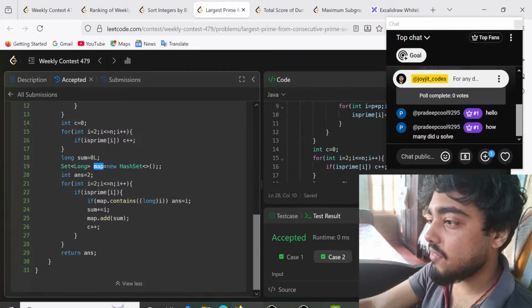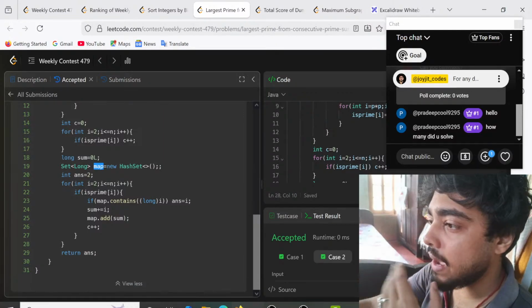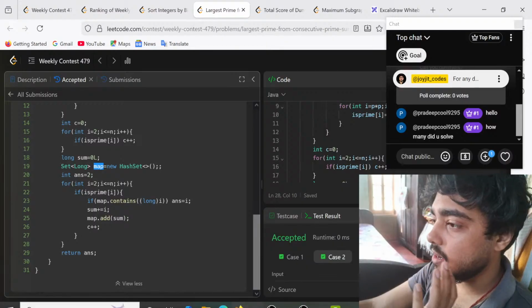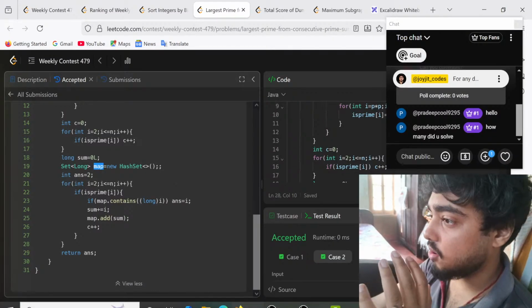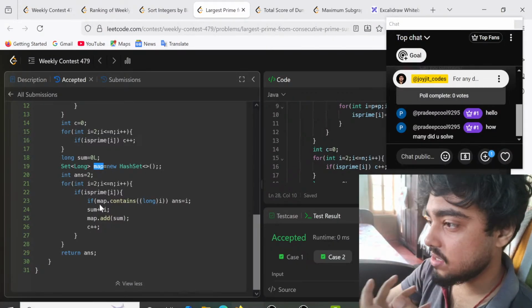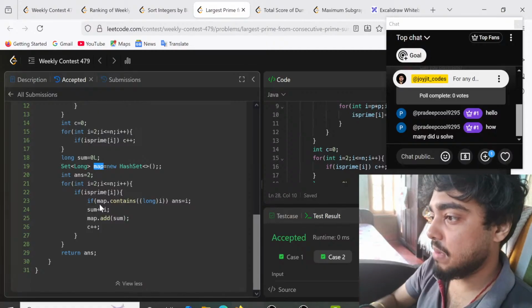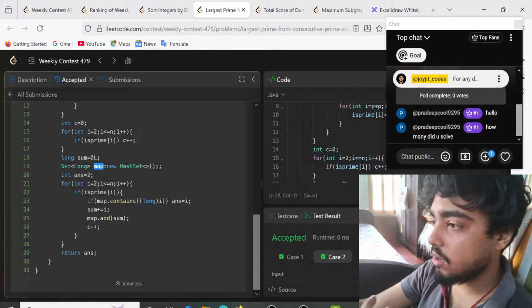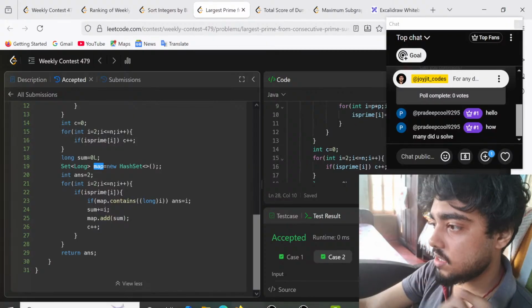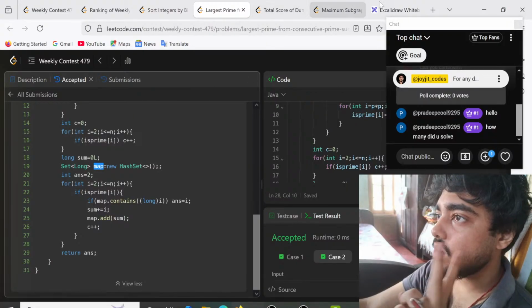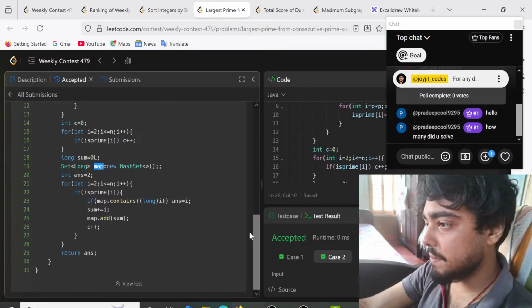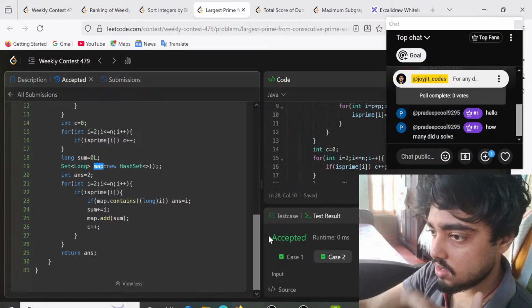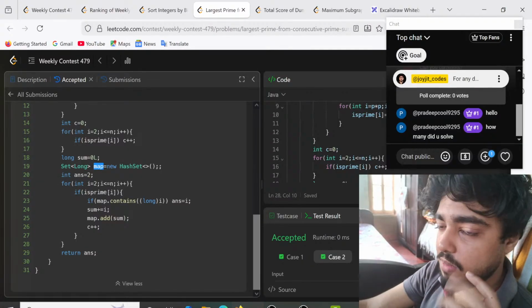Even I prefer calling any 2D array as DP, whether it's a dynamic programming thing or not, because my muscle memory clicks on. So answer is equal to 2, because even in the default scenario, 2 was the only thing which was there in the sum as well as in this. So answer is by default 2.